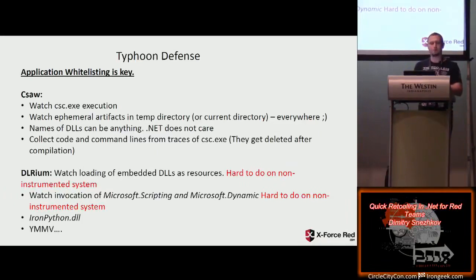Right now, somehow you need to watch for invocation of Microsoft.Scripting and Microsoft.Dynamic namespaces. Probably, even though it's used in a lot of places, it's a valid DLL. IronPython DLL is used for development everywhere. Somehow you need to put a marker on it and say, am I allowing this or not? Right? And so your mileage may vary.